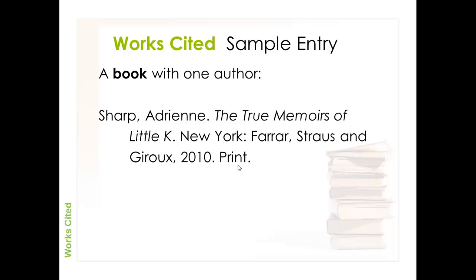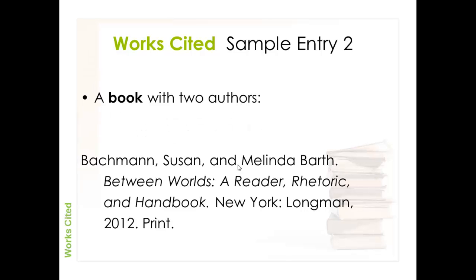I have another example for you. Here is a book with two authors. The author's name, last name first, Bachman, comma, Susan, and then something interesting happens with two authors, comma, and then we have first name, last name. And if there are three authors, I might have a comma, and then the author's first name, last name.